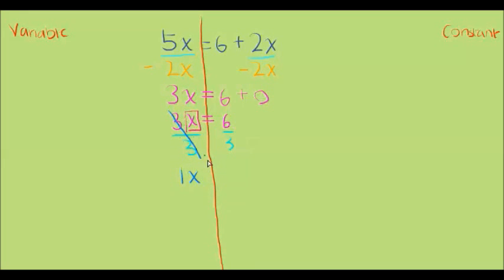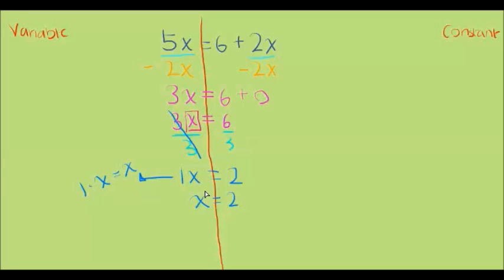So we'll just write 1x for now. 1x equals 6 divided by 3, which is 2, because 2 times 3 is 6. However, we do not need the 1 in front of the x, because 1x is just 1 times x. Any number times 1 is equal to that number, so we can say x is equal to 2.